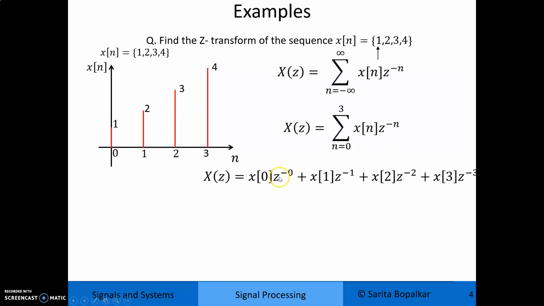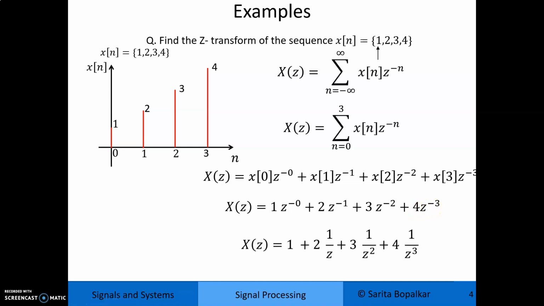Now put the values of x(0), x(1), x(2), x(3). That is 1, 2, 3, 4. x(0) is 1, z raised to 0 is 1. Then 2 z raised to minus 1. x(2) is 3, z raised to minus 2. x(3) is 4, z raised to minus 3. Now this is our X(z).